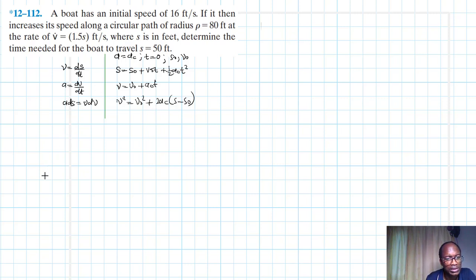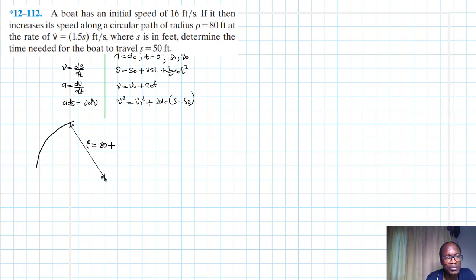So we have a boat here that is traveling in a circular path. Let me try and draw this path. So let's say this is the path, and we've been told that the radius for this particular path, rho, is equal to 80 feet.